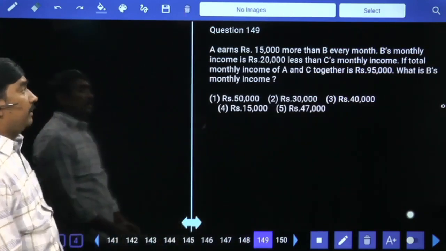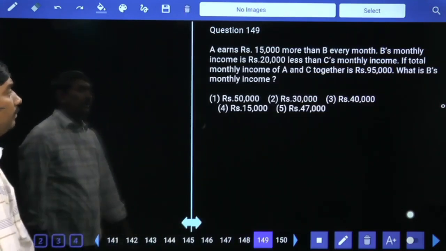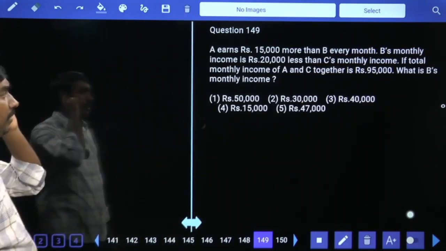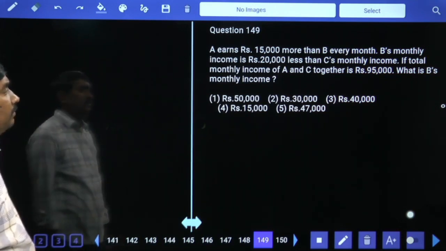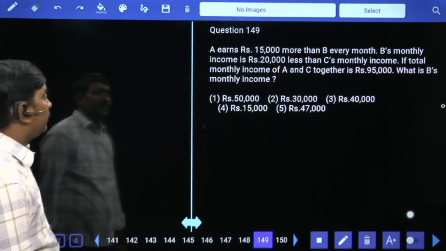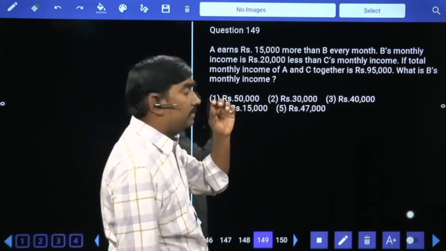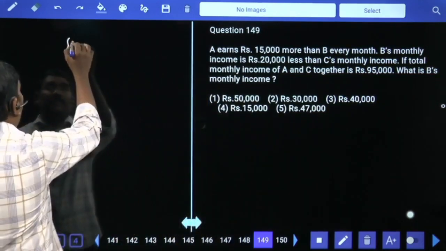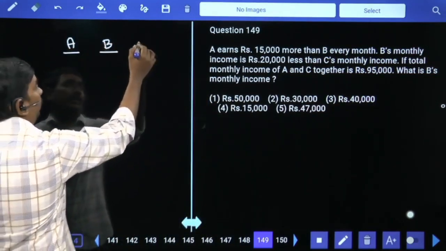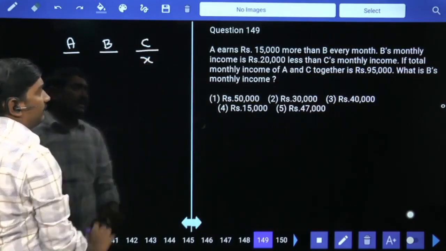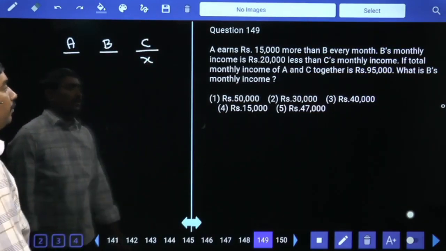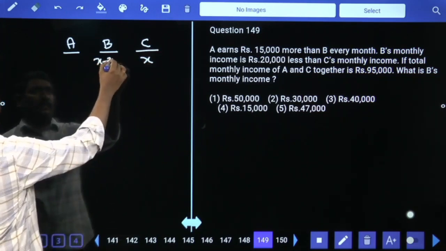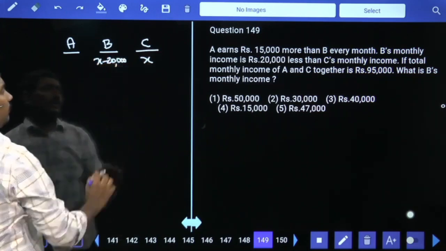A earns 15,000 more than B every month. B's monthly income is 20,000 less than C's monthly income. Total monthly incomes of A and C together is 95,000. What is B's monthly income? If C is X, B's income is X minus 20,000.